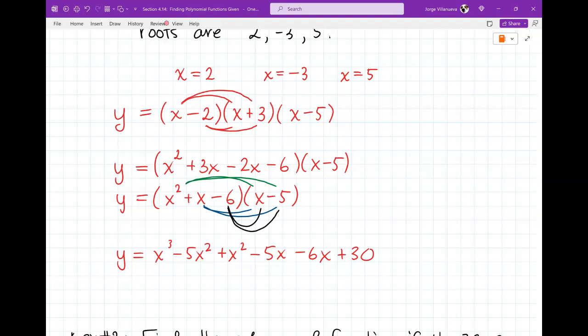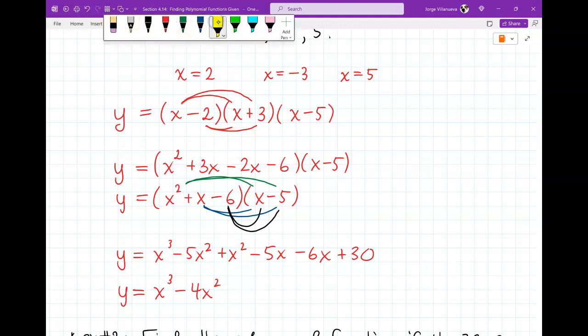The last thing you have to do is just combine your like terms and you're done. Okay? So let's combine like terms. x cubed is all by itself. -5x squared plus x squared is -4x squared. So let me highlight in case you're wondering what the heck did I just do.